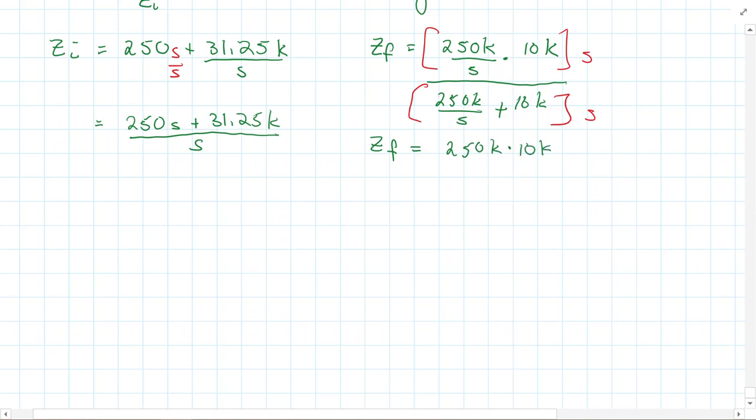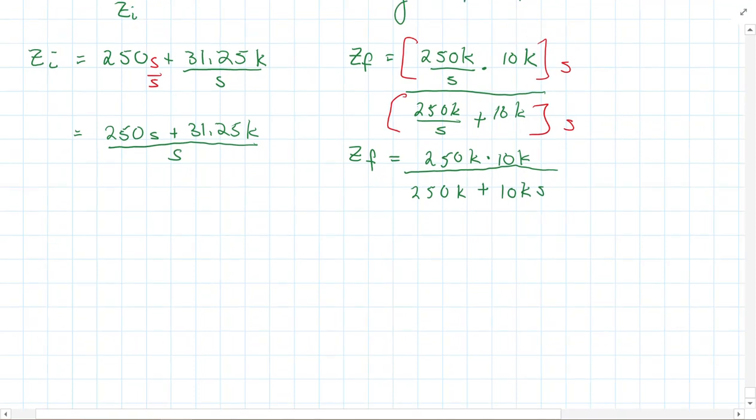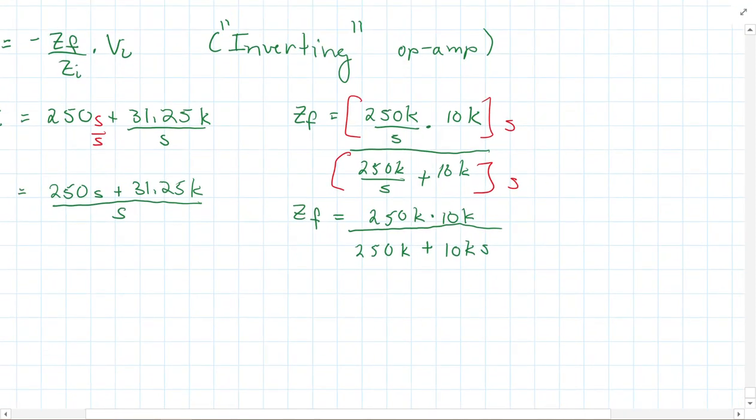I'm not actually going to multiply that out, because we'll be able to simplify it in a second. And this would be 250k plus 10k times s.